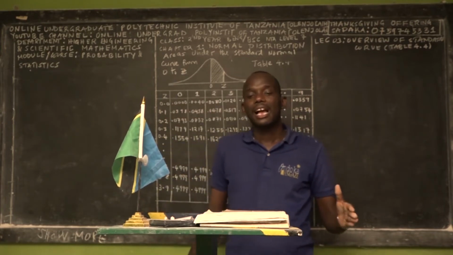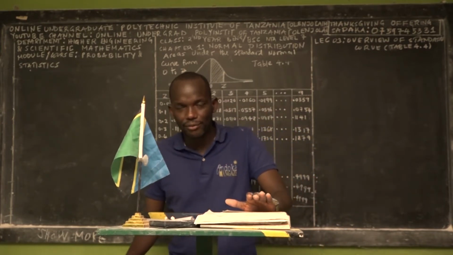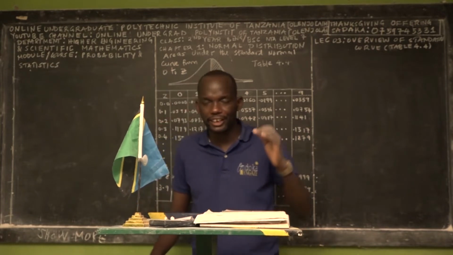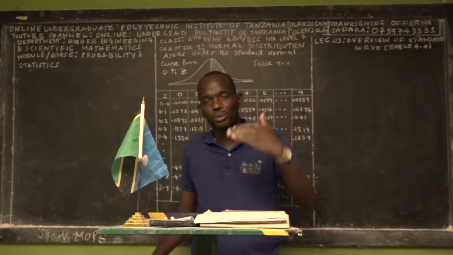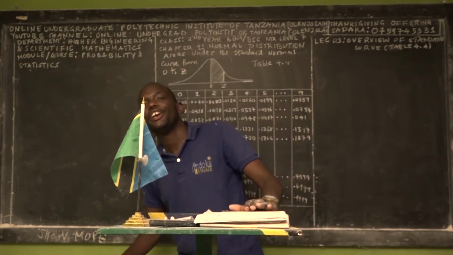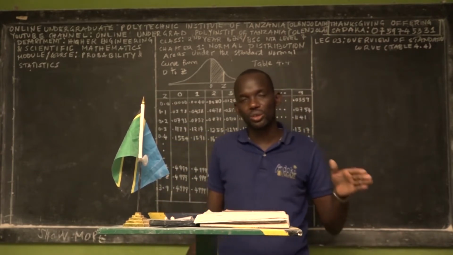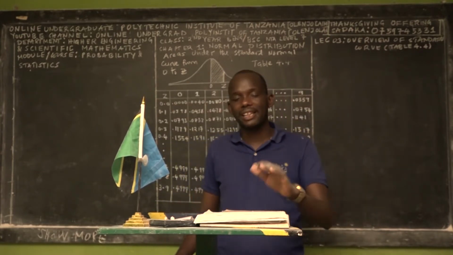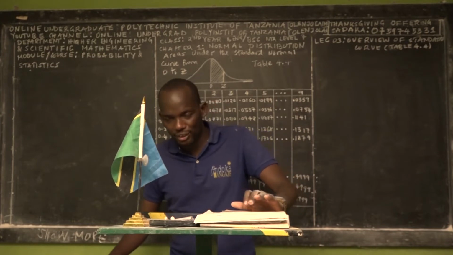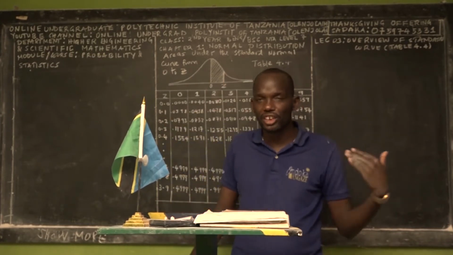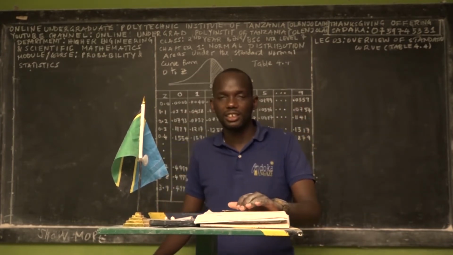This is an assignment that we have been given by the founder and the sponsor of Online Undergraduate Polytechnic Institute of Tanzania. In abbreviation, we call it OPITO, the simple abbreviation of every initial letter in that institution.